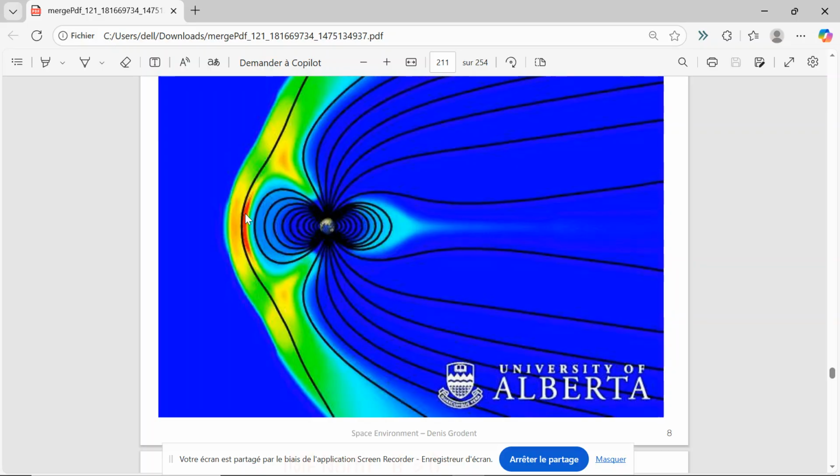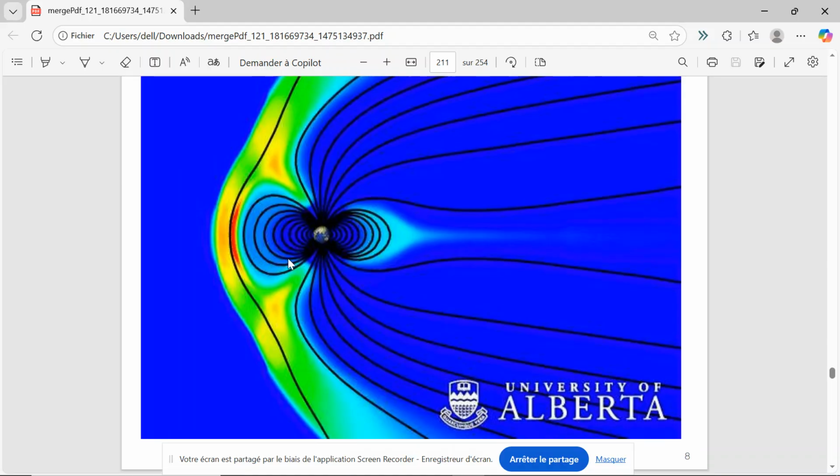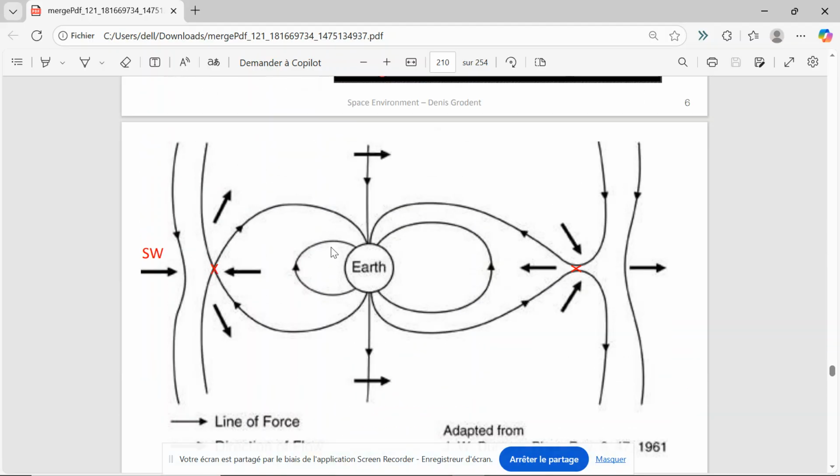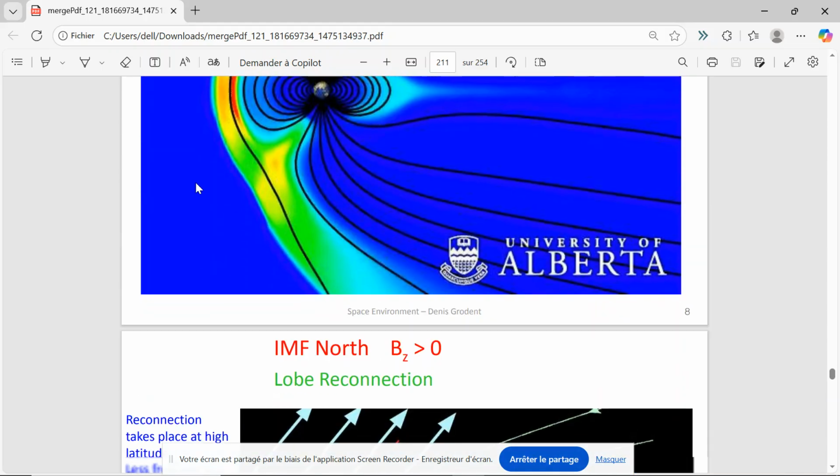This is a region where you can see here very dense, we have a large amount of particles because the solar wind has energetic protons with it. We see that the magnetosphere does its job and protects the Earth from it. This is when the magnetic field lines are in that direction, opposite to the Earth's one, allowing for magnetic reconnection.